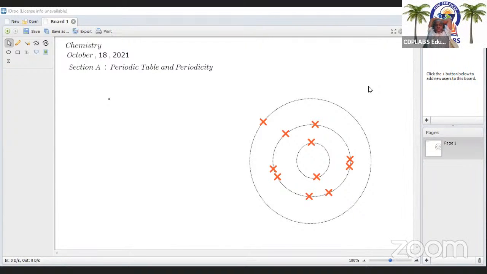You're not to mute your mic, just unmute your mic. The number of shells. When you count the number of shells, whatever you get after counting is equal to the period number. So when I ask you for the period number of the atom, you have to count the number of shells to tell me what it is.